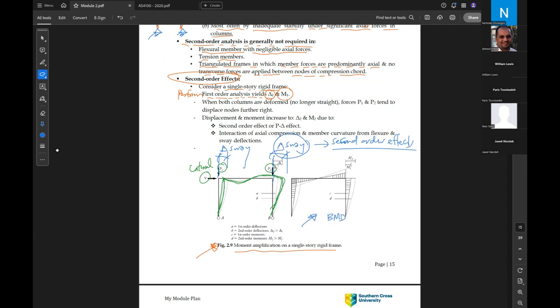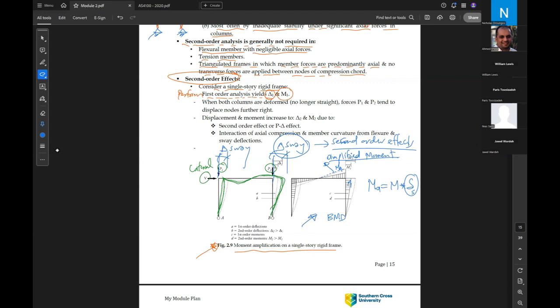As you can see, the solid one is the actual moment and the dotted one is the amplified moment due to the second order effect. Let's call the dotted one M amplified. So M amplified will be equal to M multiplied by the factor, as we mentioned earlier, delta S for example. Okay, so this is the main idea about the second order effect in the analysis.